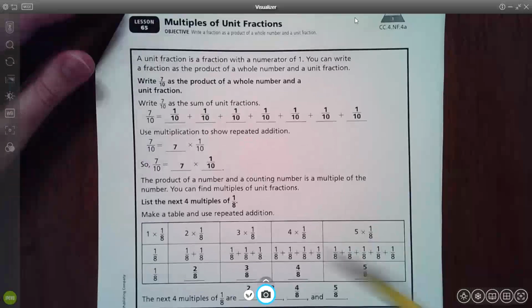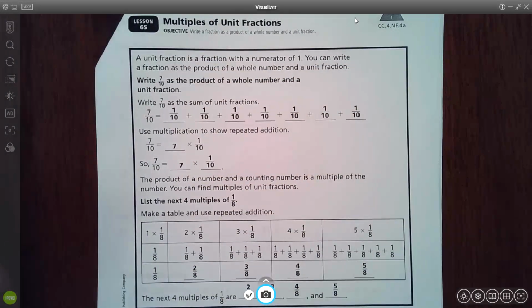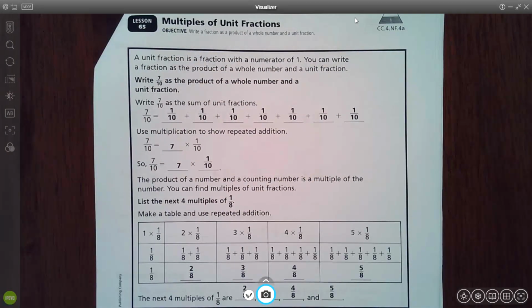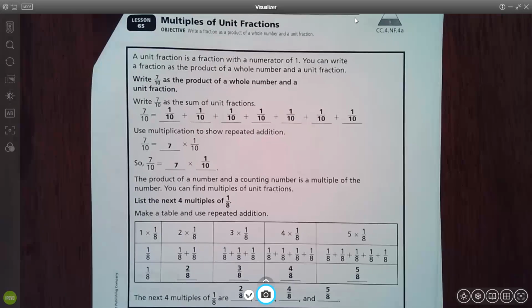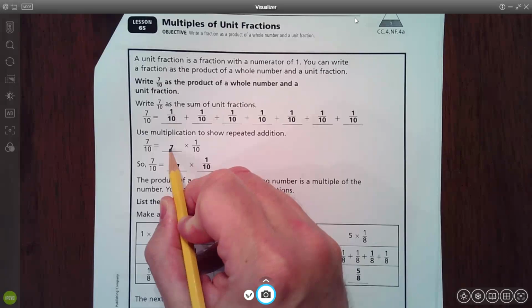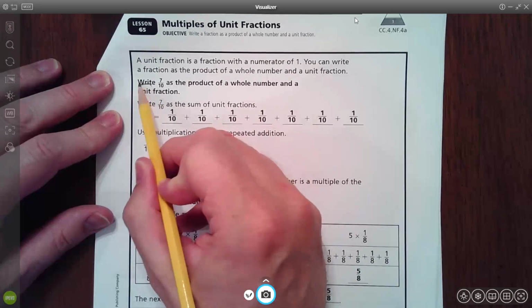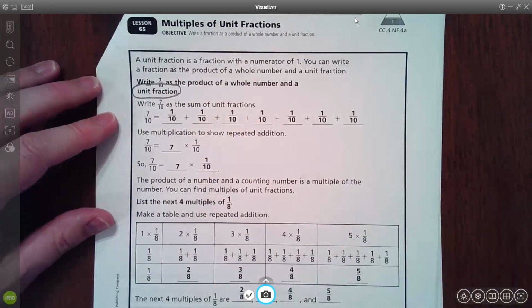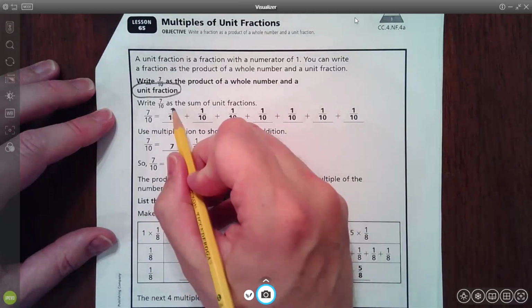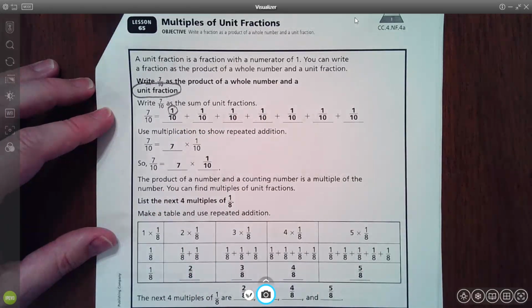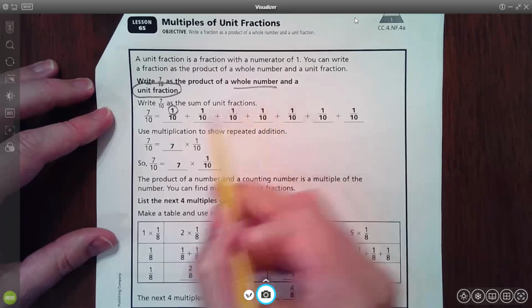Again, looks intimidating, right? But what we're doing is introducing the idea of multiplying. And by multiplying, I mean multiplying a whole number by, and they're talking about this again, a unit fraction. We talked about that in our workbook. A unit fraction just means a fraction with one on top, and a whole number means the big number.